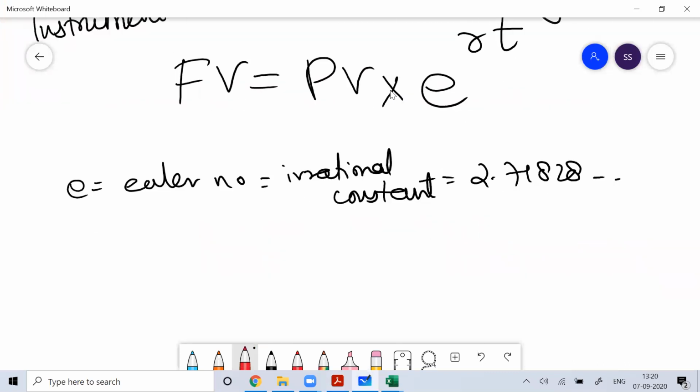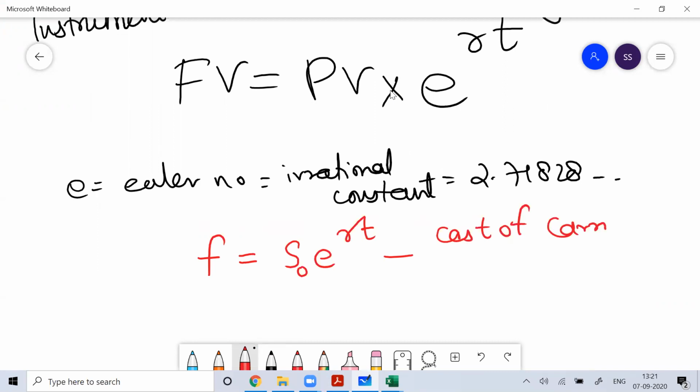Instead of future value I say F, the future price, and instead of present value, the spot price, times e to the power rt. This is called the cost of carry model, which we use in futures contracts for the valuation of the future price of a contract.